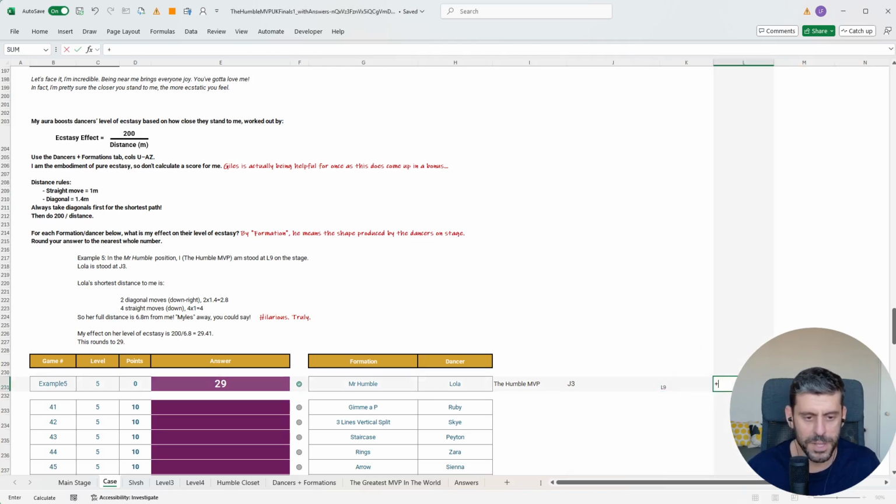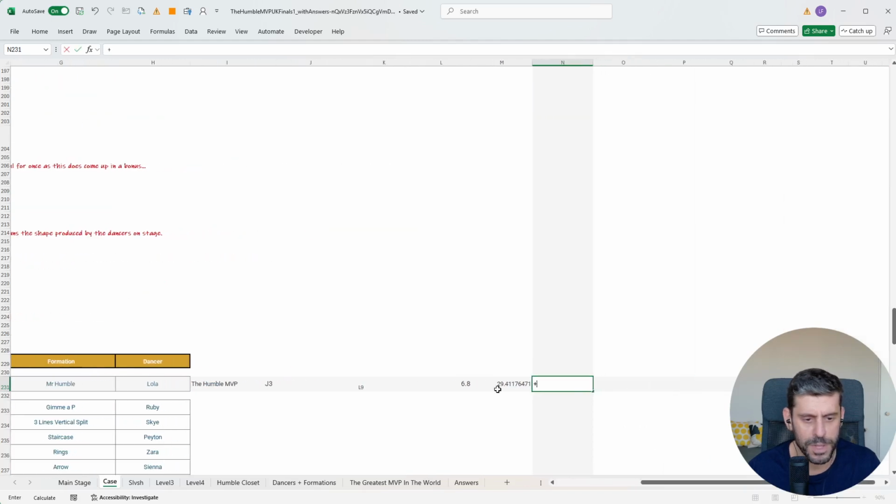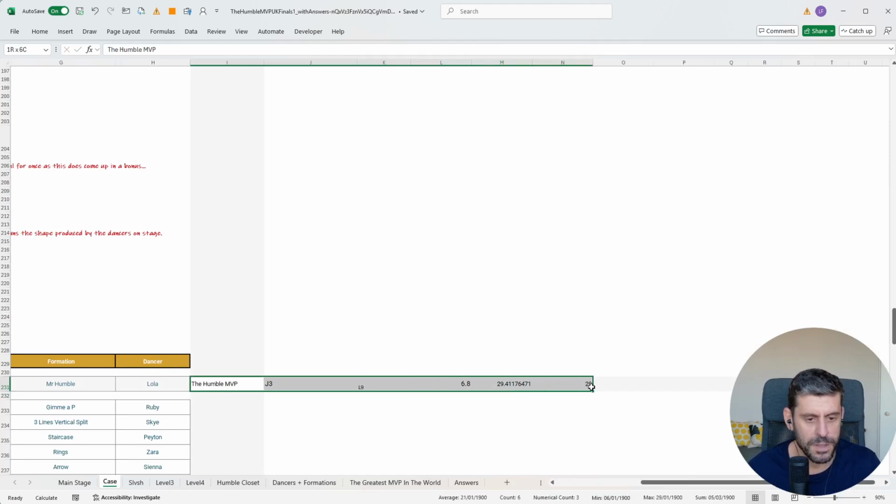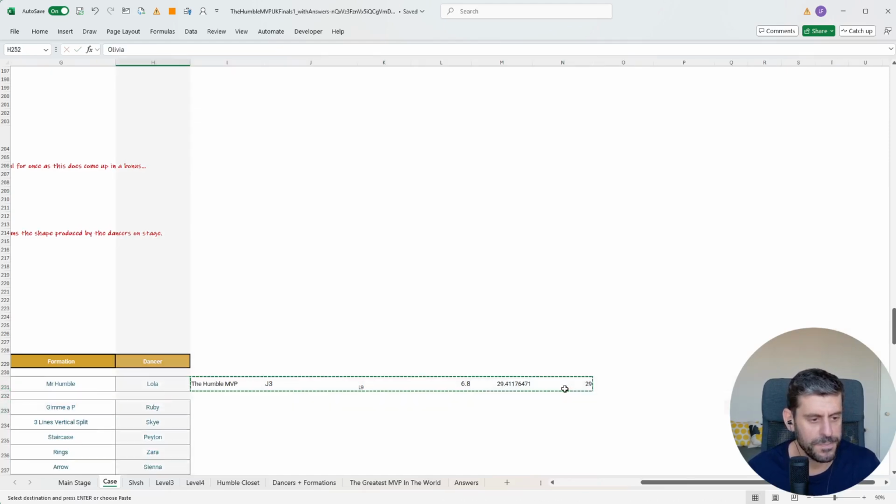Move this one here, and then I just have a lambda for distance calculation, the custom one, which asks you for a start cell and end cell, horizontal cost 1, vertical cost 1, diagonal cost 1.4. And so you just do 200 divided by this, and you need to round to the nearest whole number, so round of this at 0. And yeah, that's it.